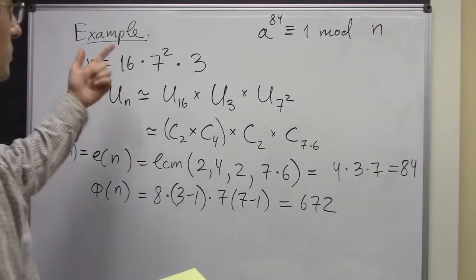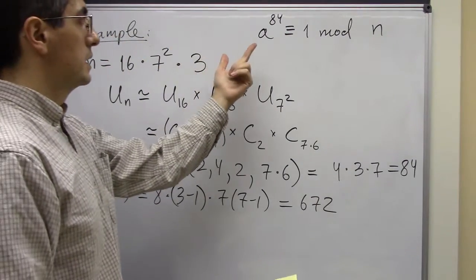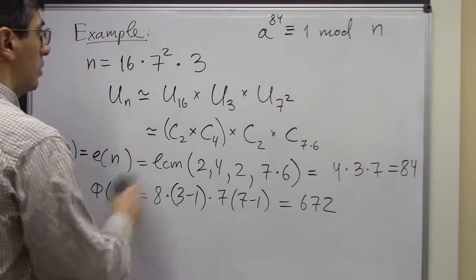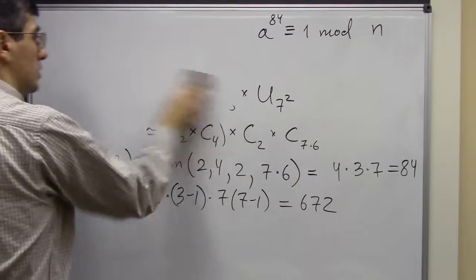Now, why is this useful? This is useful if you want to compute some explicit power of a number that is coprime to n.